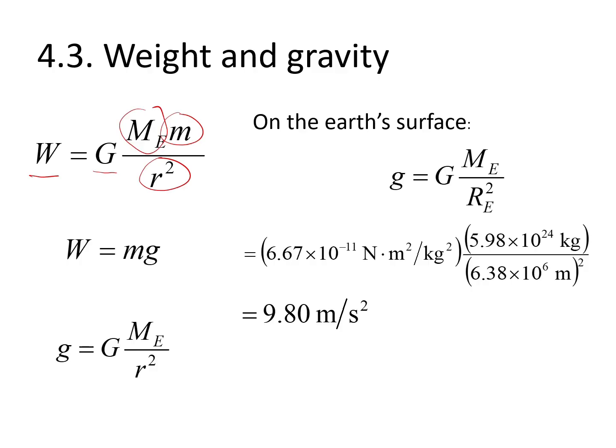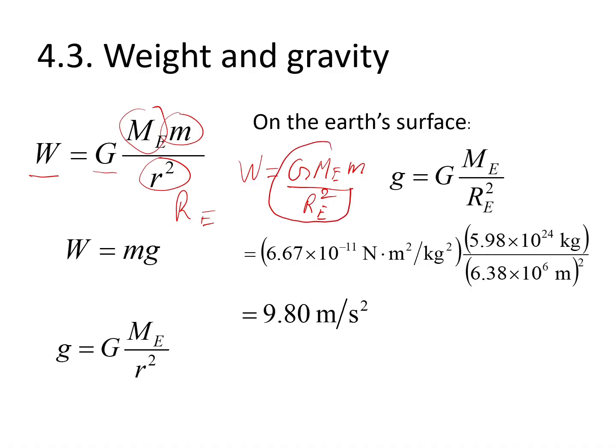At Earth's surface, r is approximately Earth's radius, so we can use R sub E for that. So here we use capital R, and we can rewrite this equation. W equals G M_E m divided by R_E squared. And here we can factor out the object's mass and the remaining quantity.